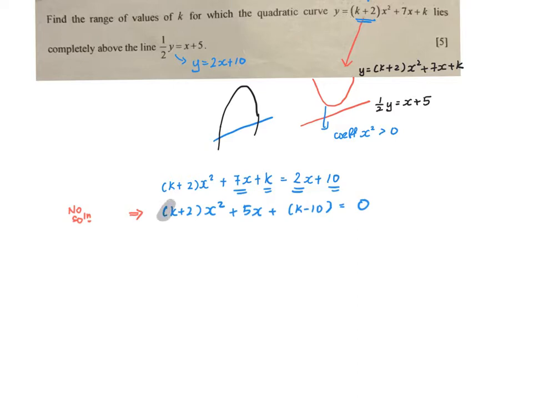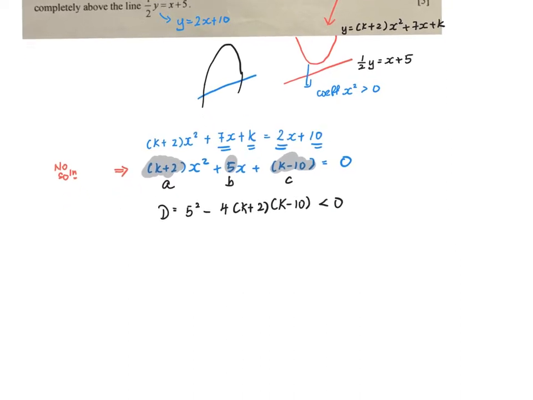You need to see that this is your a, this is your b, and this is your c, and the discriminant b squared minus 4ac has to be less than 0.